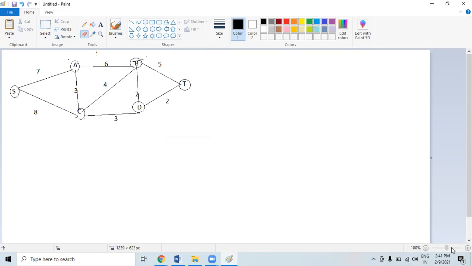Just 1 minute. Okay, oh sorry, this is a C. Okay, then we don't want this one. According to our steps, we have to draw this diagram.